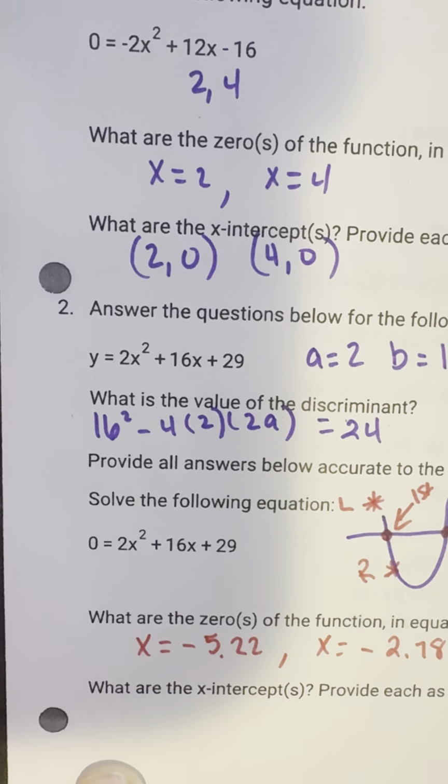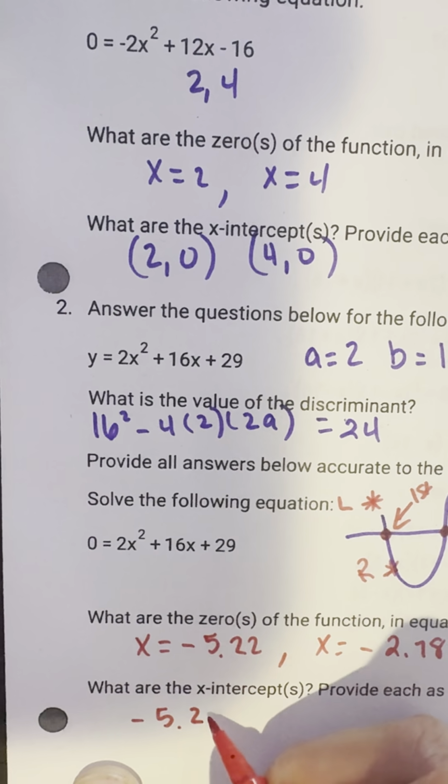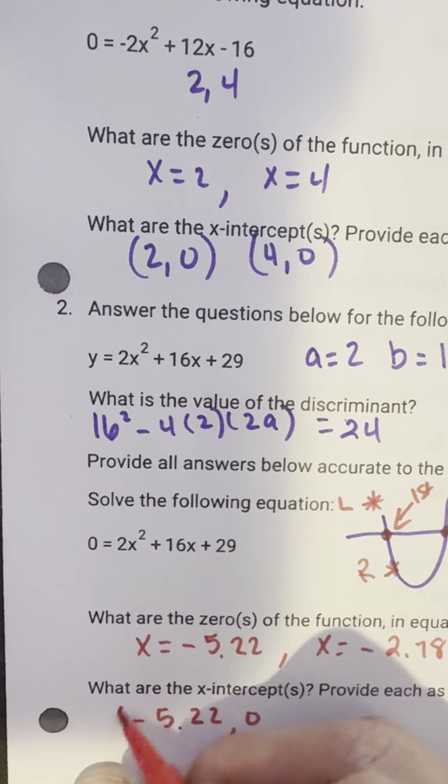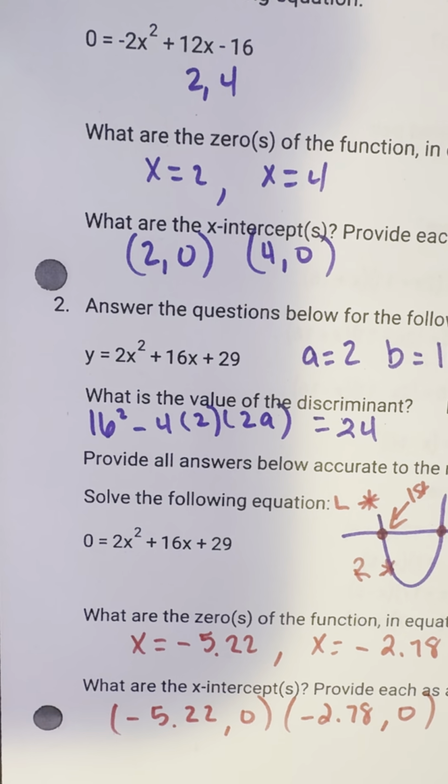And then your intercepts, you have the x values, comma 0, and negative 2.78, comma 0 in parentheses. So why are we starting out with this first? Well, we're going to learn multiple ways how to find your solutions, but you can always fall back by using your calculator.